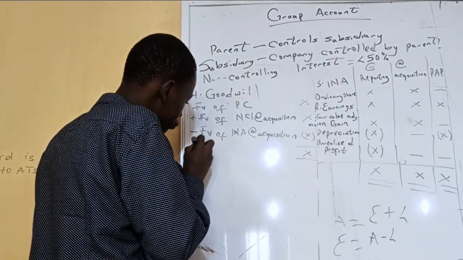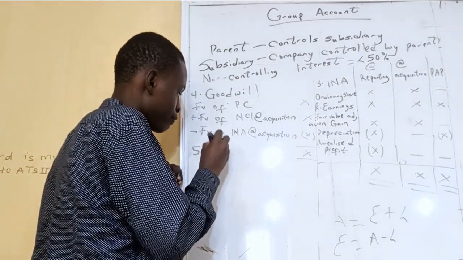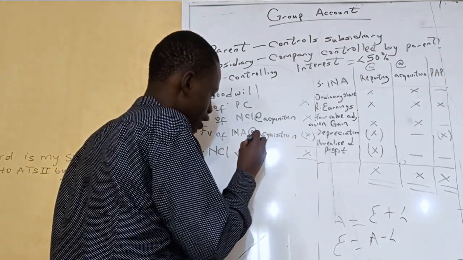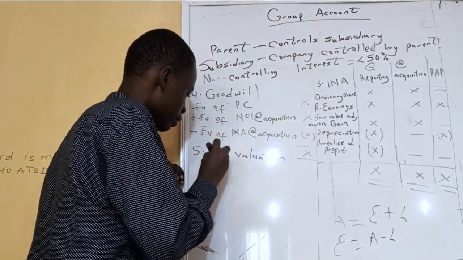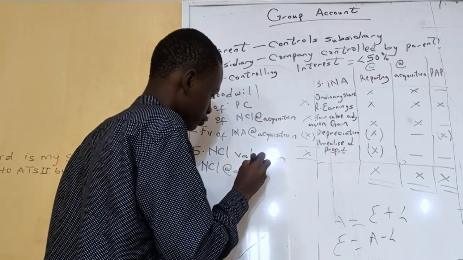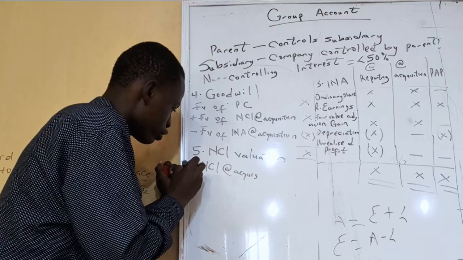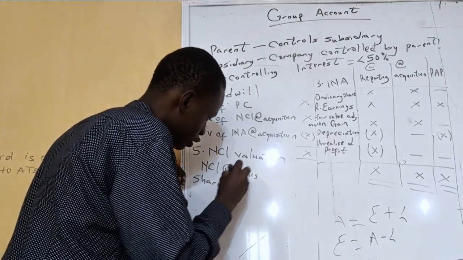So for working number 5, we'll be having our NCI valuation. So you can have the NCI at acquisition, this guy again, acquisition, and then the share of post-acquisition profit.